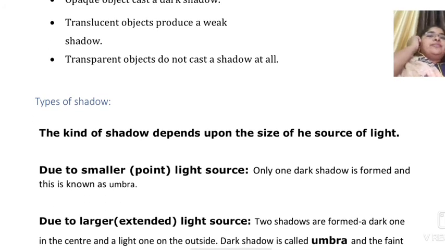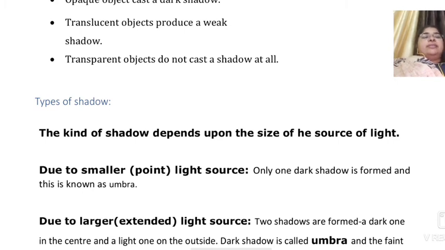Now the next topic, types of shadow. So student, the kind of shadow depends upon the size of the source of light. First, with a smaller light source, that is, only a pointed source of light, only one dark shadow is formed and this is known as umbra.